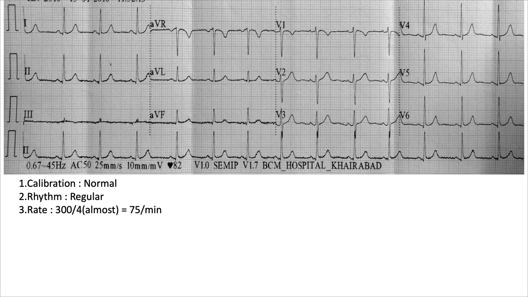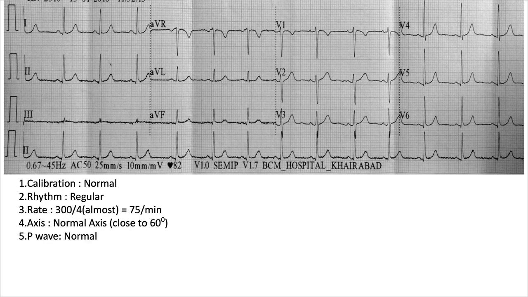The rate, we see it's approximately 4 big squares, so 300 divided by 4, that's 75 beats per minute. The axis, if you use the long method, you get close to 60 degrees, and from the shortcut method also we see that both lead 1 and aVF are upright, so it's a normal axis.